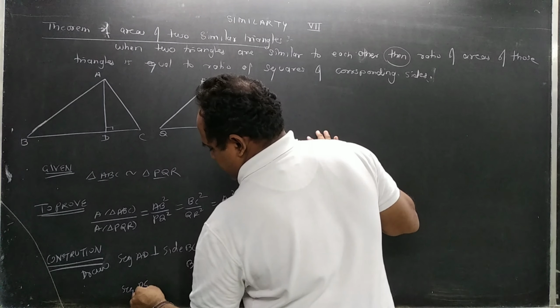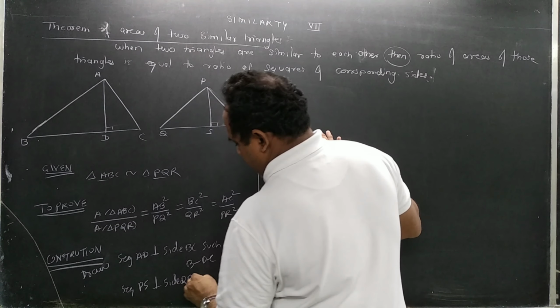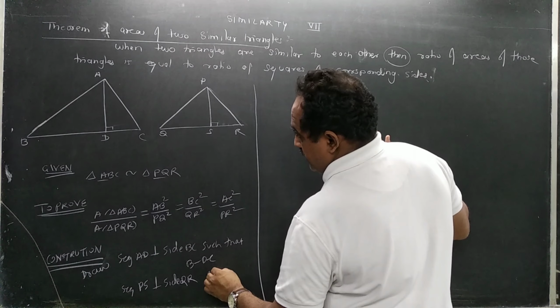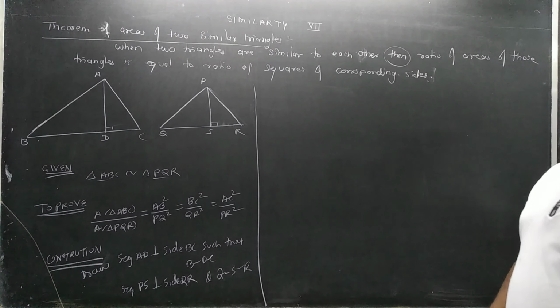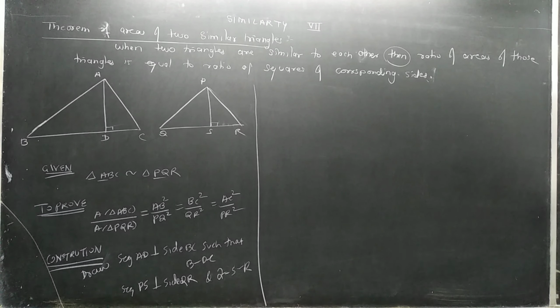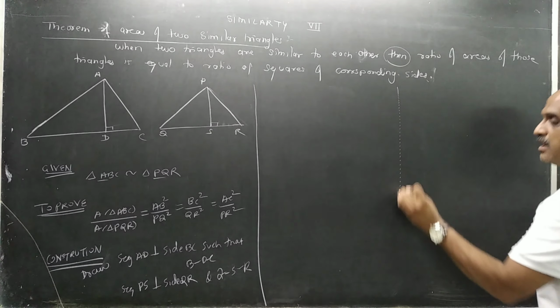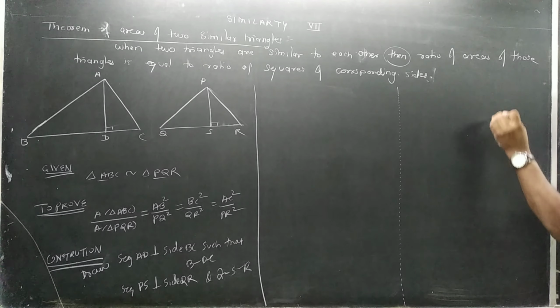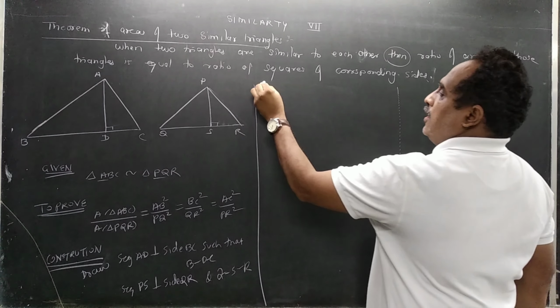Segment PS is perpendicular to side QR, and Q, S and R are collinear points. ये theorem prove करने के लिए again we have to be very careful because हमें properly सब कुछ adjust करना है.